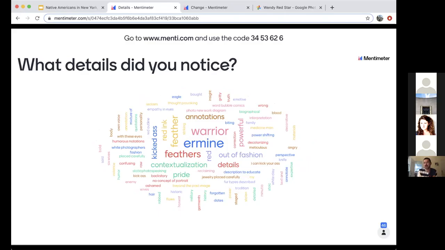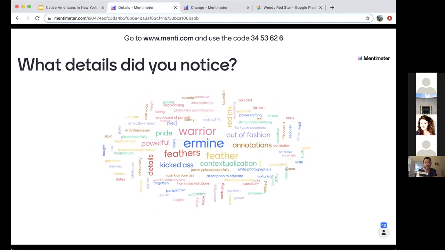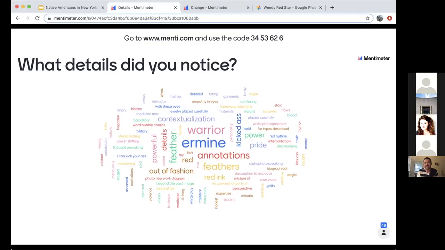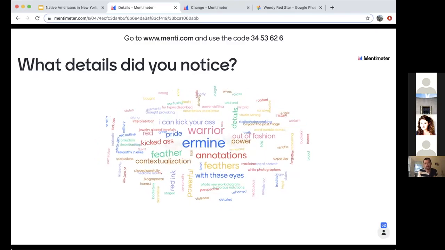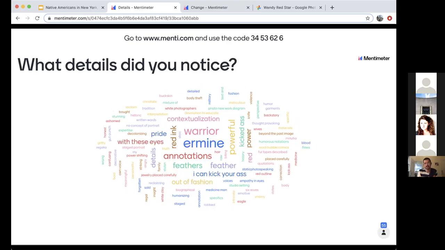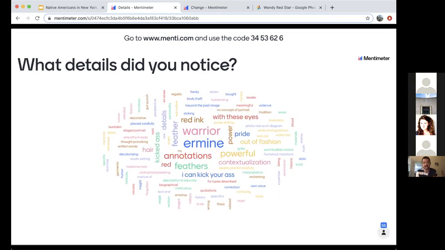I don't know how. It's like they just go straight to it. Annotations is coming to the top. Red ink, contextualization. These are so great.